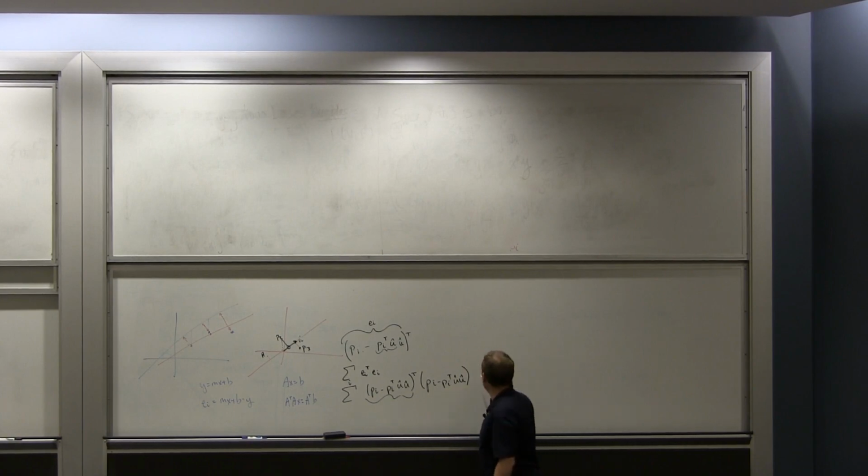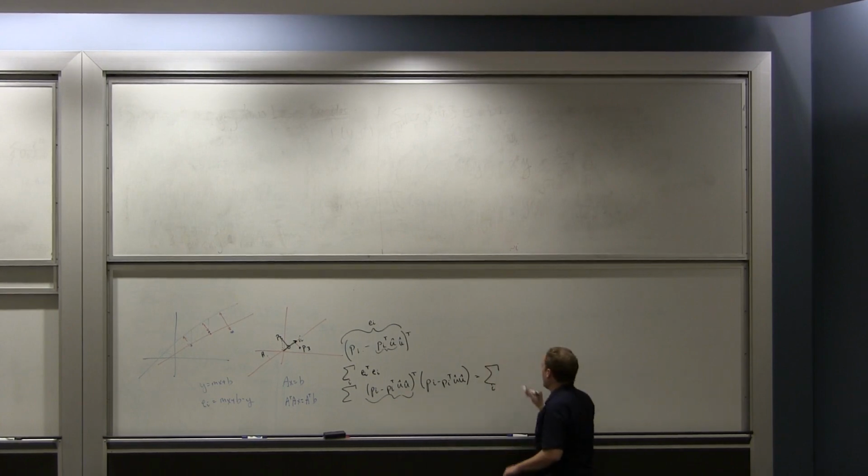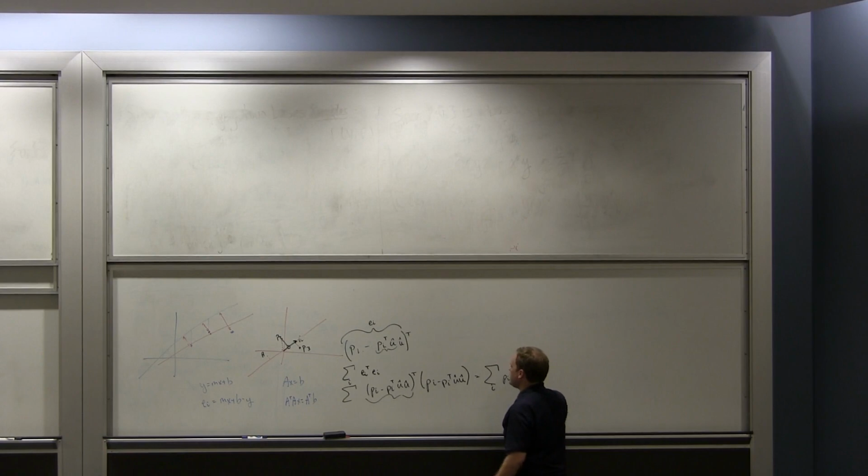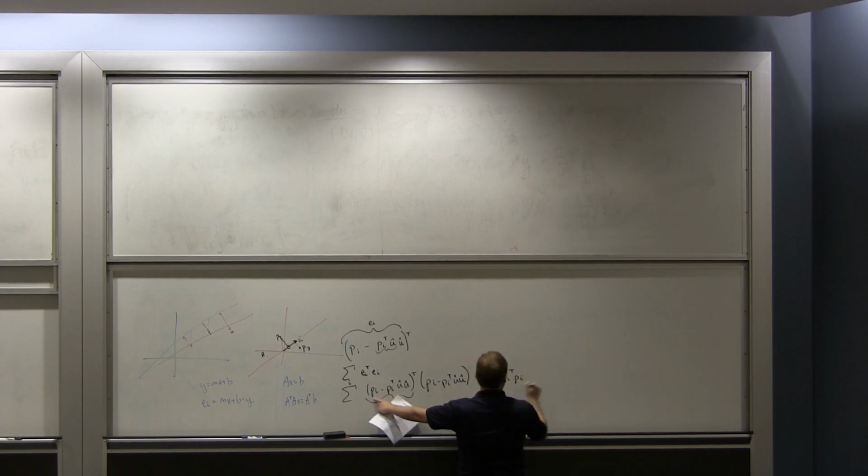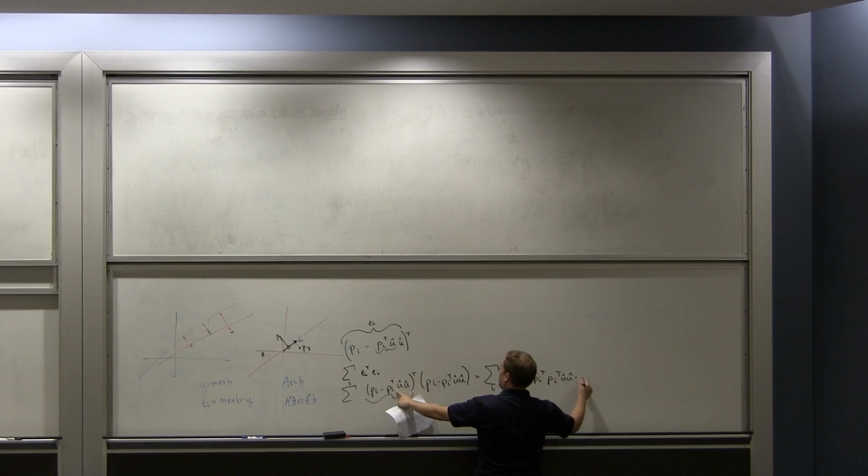All right, now we can multiply this out. We're going to get p_i^T p_i, that's this term, and now minus p_i^T u, minus, uh-oh, I'm doing that backwards. There's a transpose in there.